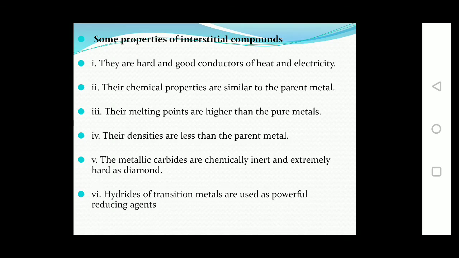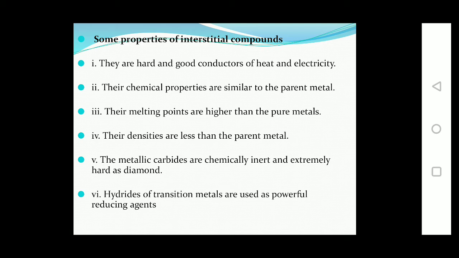We will see some properties of interstitial compounds, how they differ from the original metal. They are hard and good conductors of heat and electricity. As we learned, stainless steel is harder than plain iron because of the presence of carbon. So their hardness increases.